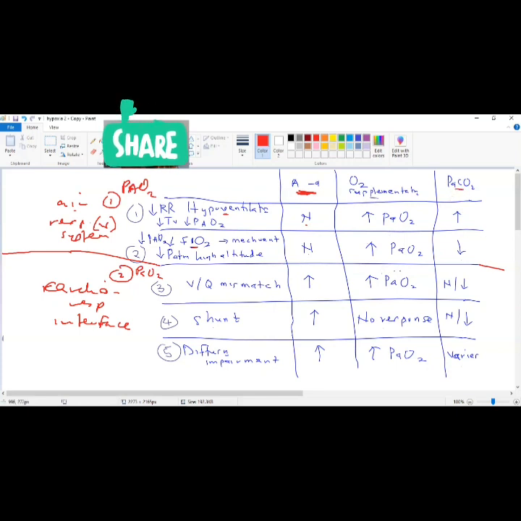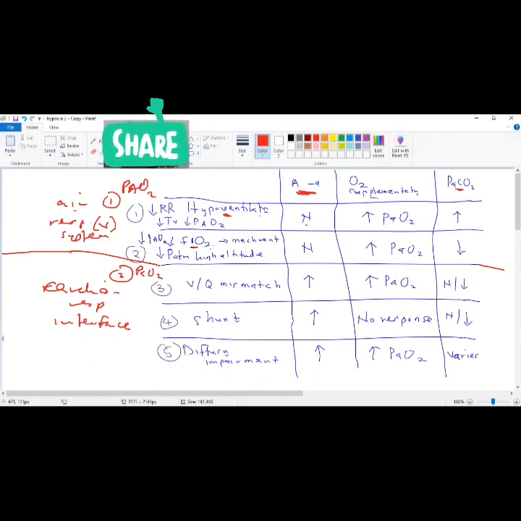Look at CO2. What will happen to CO2 levels if I'm hypoventilating? I'll develop respiratory acidosis. So if I see normal A-a gradient, respiratory acidosis, I'm dealing with hypoventilation. Patient is also retaining CO2.